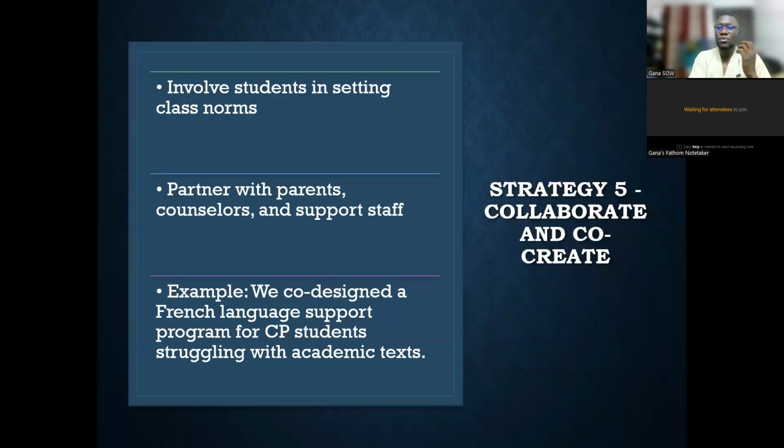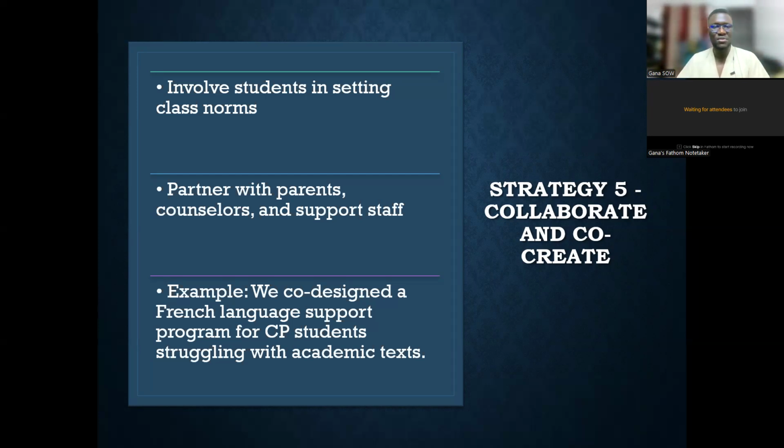Another strategy, collaborate and co-create. As I was mentioning earlier, it is important that we as teachers, the teaching community, get to sit together and try to figure out what challenges we are facing, especially for certain students. For instance, in my school, when we have a student who really struggles, we redirect them to the counselor.